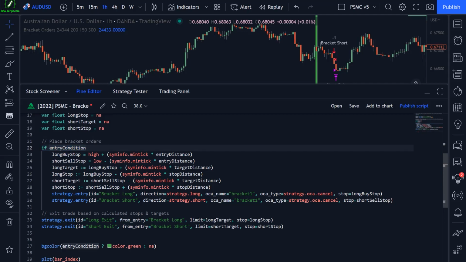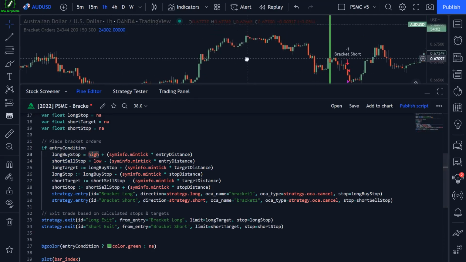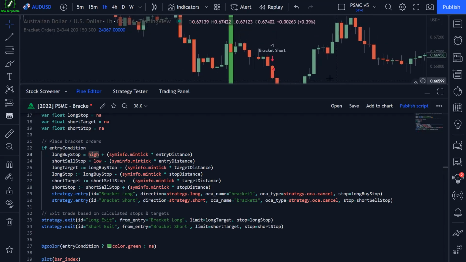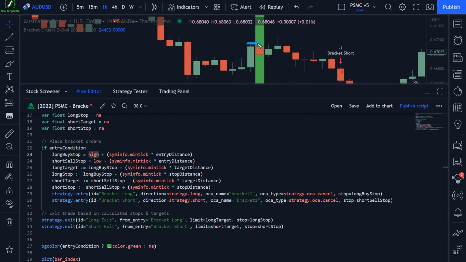Then we calculate our buy stop and sell stop prices. So this script is calculating the high. So this green lined bar as an example, we are getting the high price, and we are adding the symbol's minimum tick value. So that would be the final decimal place, 0.00001, multiplied by our entry distance in points.